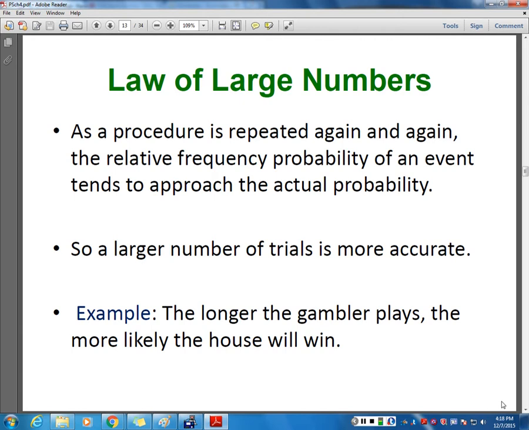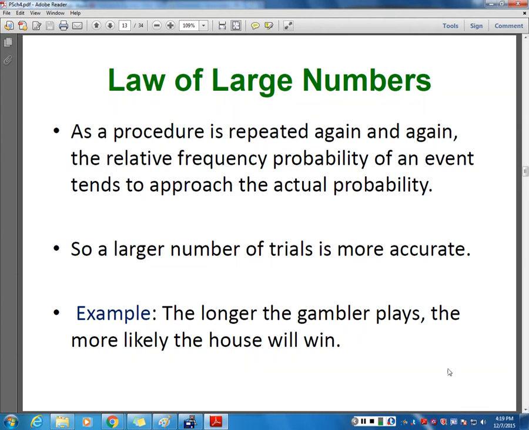Now, this is why casinos make so much money. They pick games in which the odds are in the favor of the house, the casino. So the longer the gamblers play, the more likely the house will win and take in money because the odds are in its favor. As the numbers get larger and larger and the number of trials increases, what actually happens will match the odds of the game, and the house will win more money than the gambler.